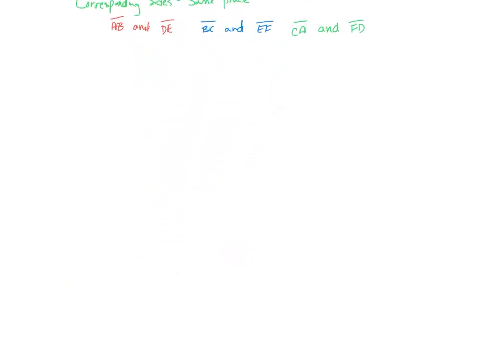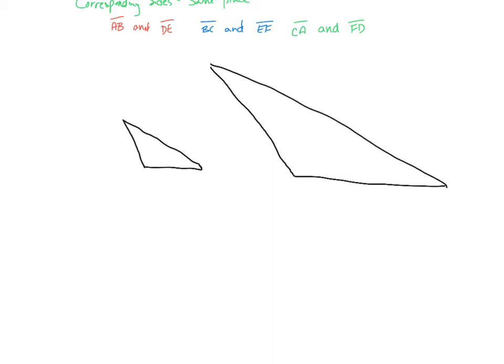So on example 1, it says determining whether two triangles are similar, and it gives you this picture. And like I said, my drawing abilities are subpar. And here we go. That's close enough.